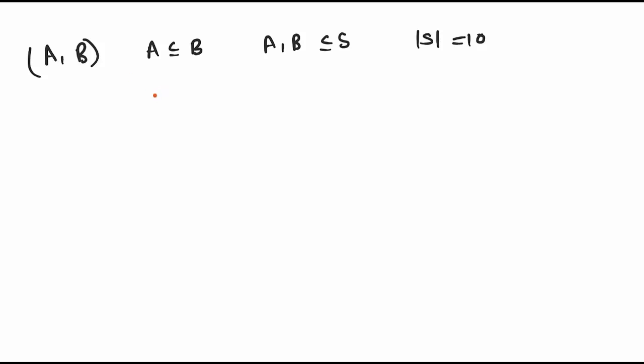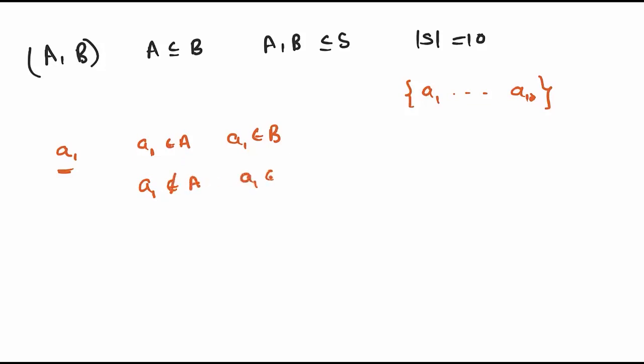Now just observe that there are 10 elements in S, A1 to A10. How many choices do I have for every element? Suppose I pick A1. If A1 belongs to A, then obviously A1 has to belong to B. And if A1 does not belong to A, then it may belong to B or may not belong to B. So there are three choices I have for A1.